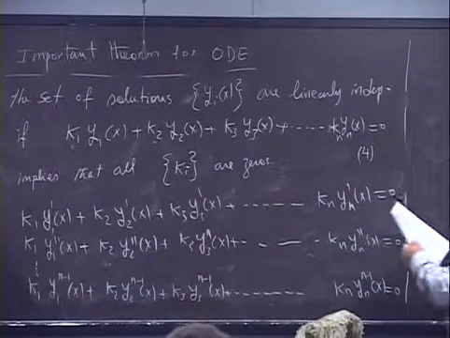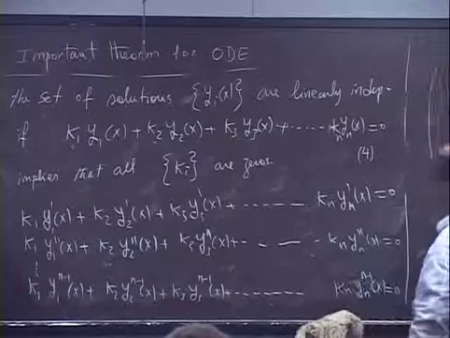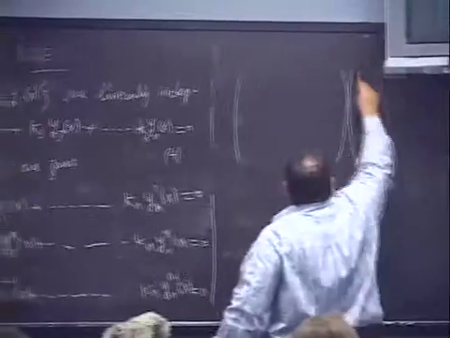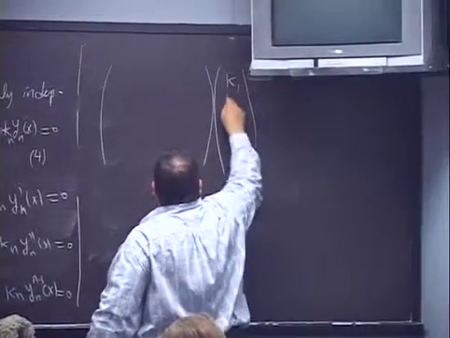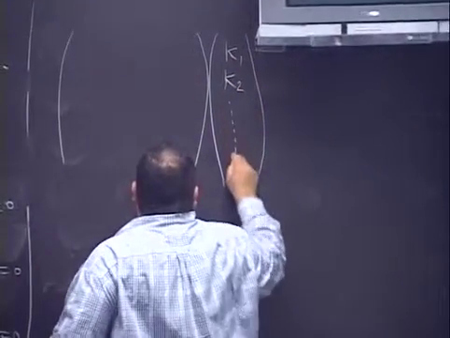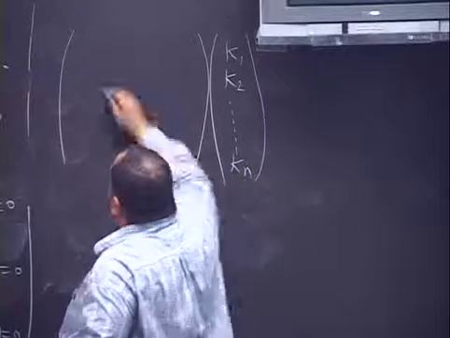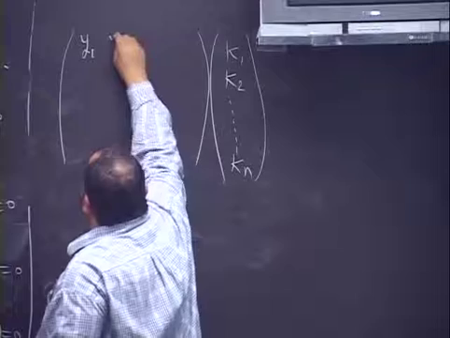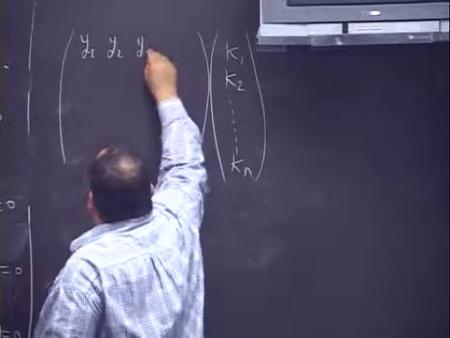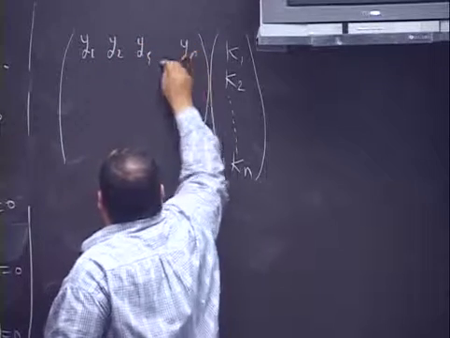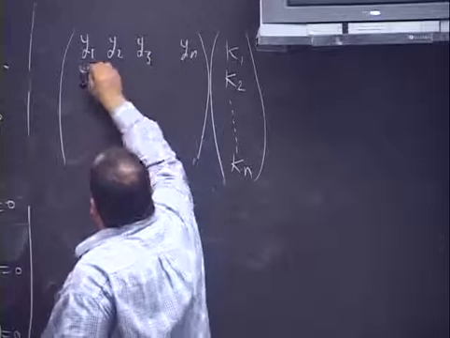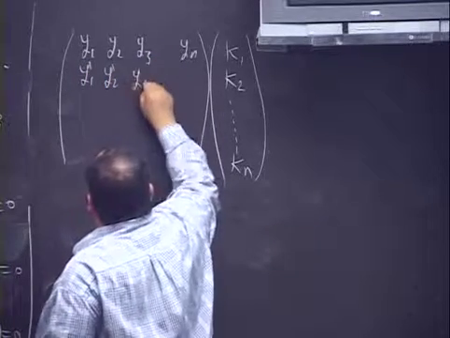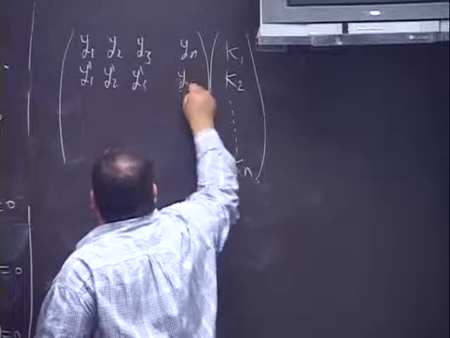So now we can write these equations in matrix form, and this would be k1, k2, up to kn, and I will put here y1 of x, y2, y3, up to yn. Then I will put y1 prime, y2 prime, y3 prime, yn prime.